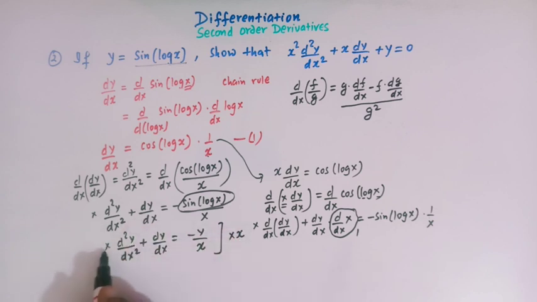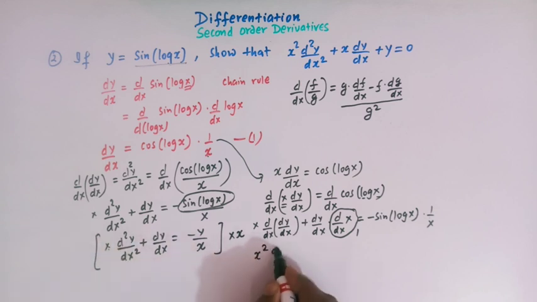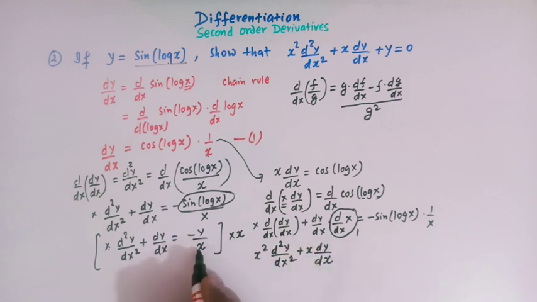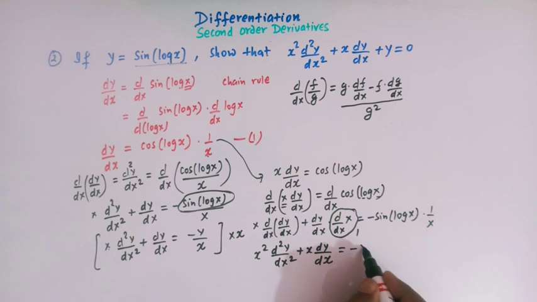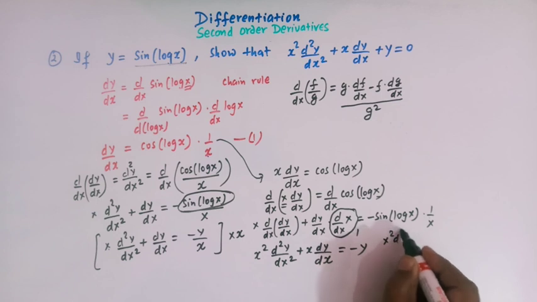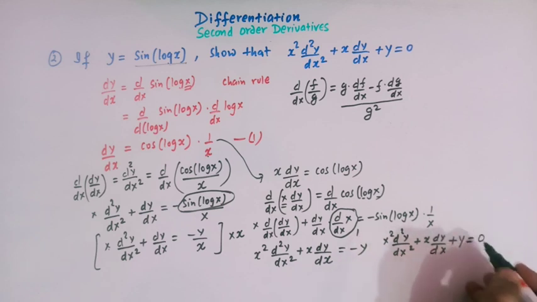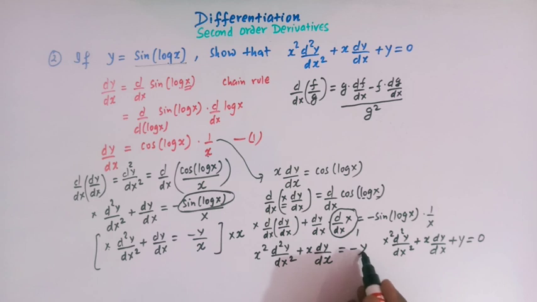So what we will get, here we'll get x square, and then we have d2y over dx2, and here we have x dy over dx, and here x gets cancelled, so we are left with minus y, and now if we take minus y to this side, we'll get x square d2y over dx2 plus x dy over dx plus y is equal to 0, right? Taking this negative y to the left hand side, right? And see, this is the desired result, right?